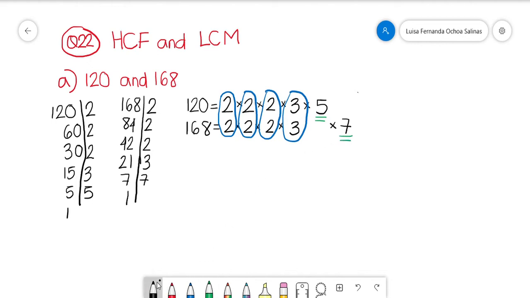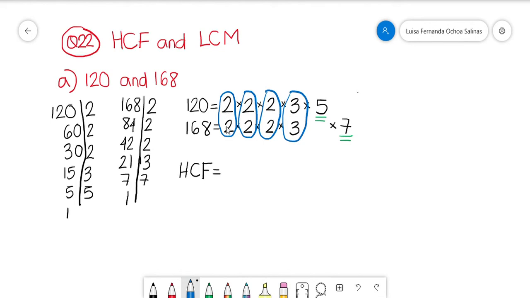When we find the highest common factor, because we want to find which factor is the highest that is common to both, I'm going to use these ones that I have in blue. I'm writing them again just to make it a little more visual.